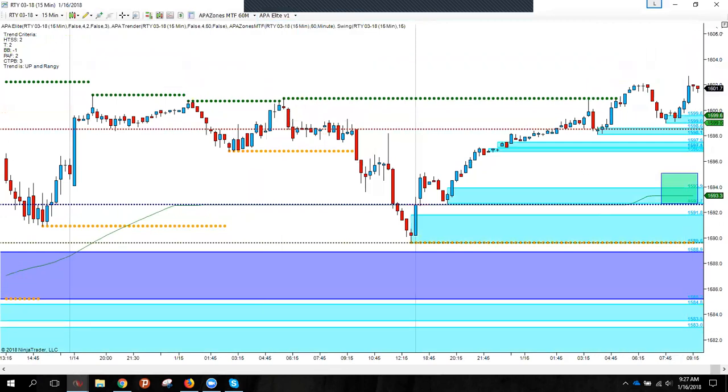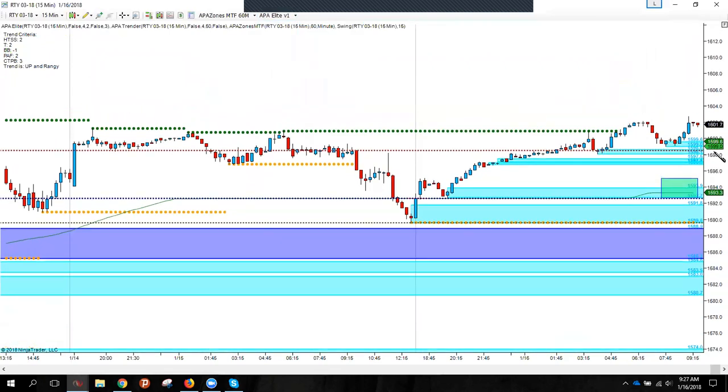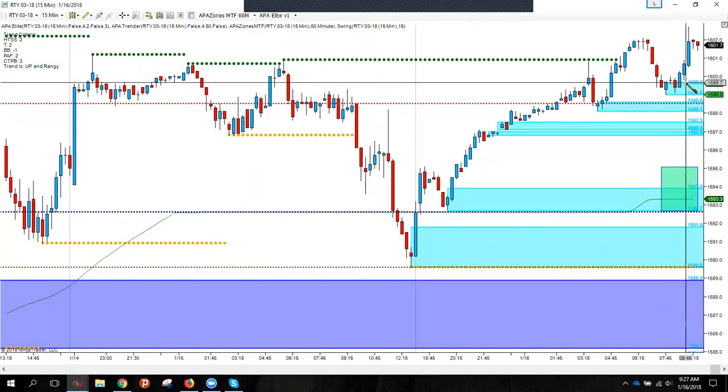And wow, there are no 15-minute supply zones either. So this has been a strong bullish market.